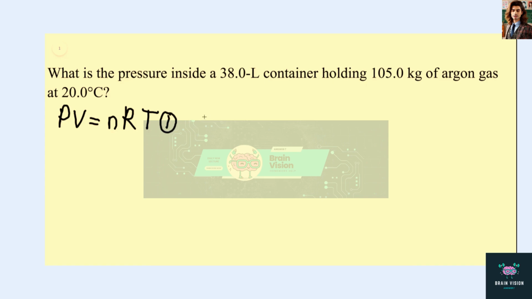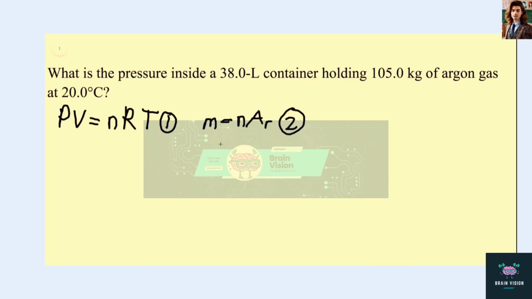Our other equation relates the number of moles to mass. So mass is equal to the number of moles times the standard atomic weight of the material. We're going to call this equation 2. Because we want to find pressure, pressure is our unknown, so we're going to make pressure the subject of the equation, and we're also going to substitute equation 2 into equation 1.